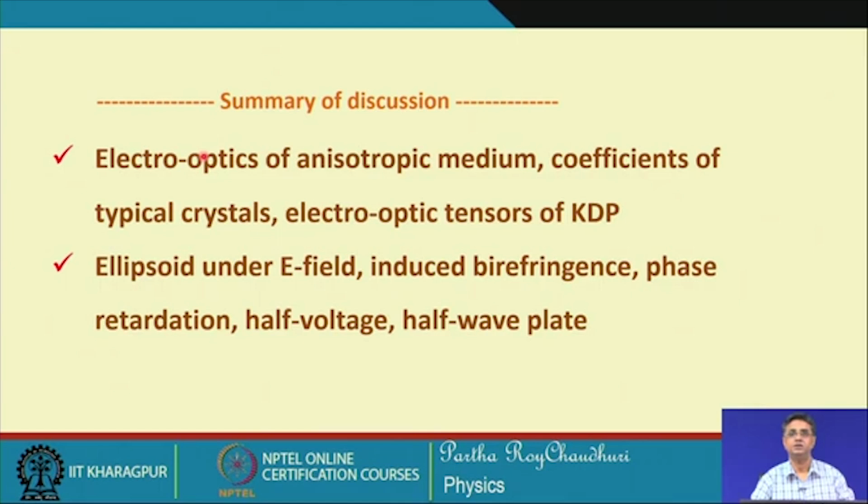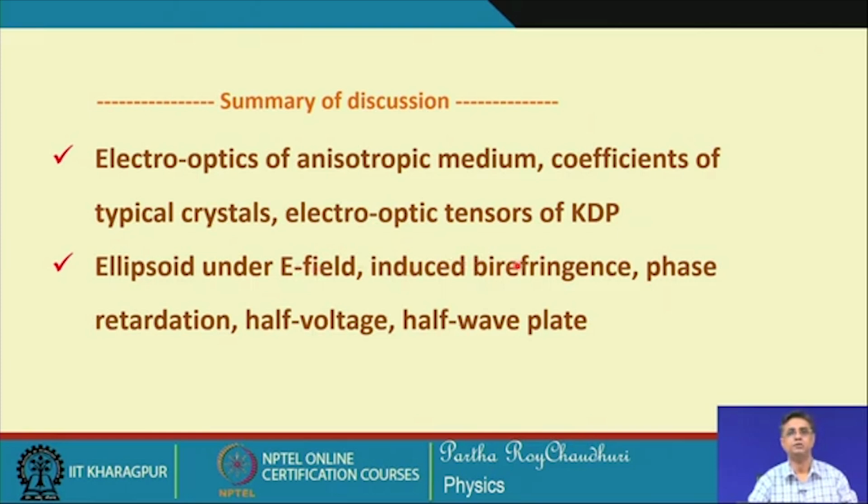So, in this discussion we considered the electro-optics of isotropic medium, then we looked at the coefficients of typical crystals, we provided a list of the crystals, and then the electro-optic tensor for KDP with the values of the non-zero coefficients, that is r41 and r63. Then we looked at the index ellipsoid without and with external electric field.